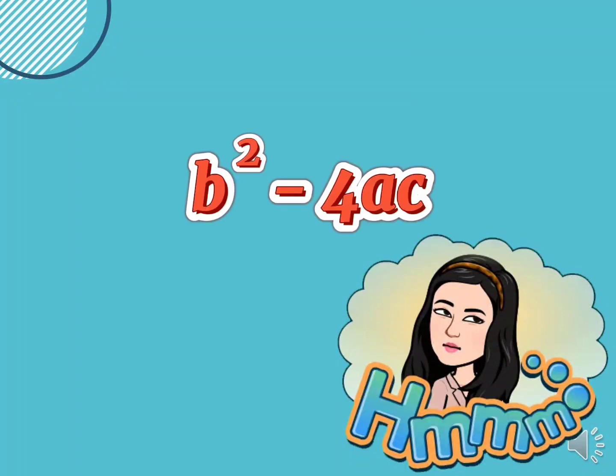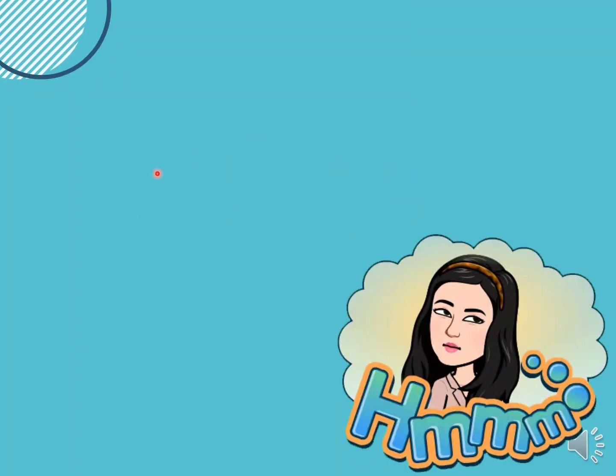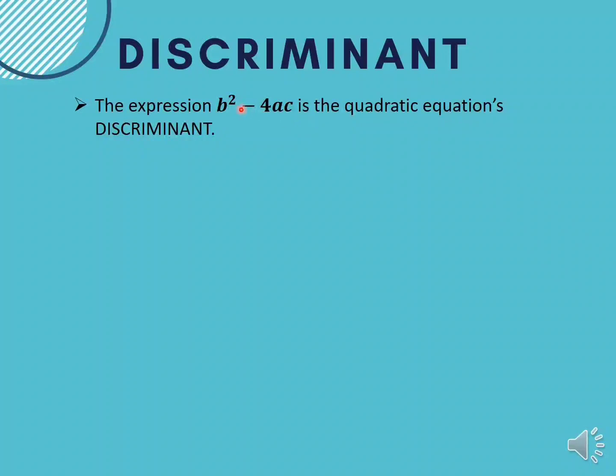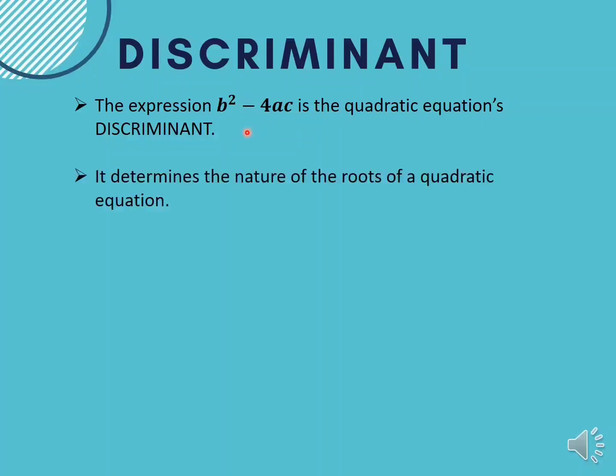So, maybe you are curious about the purpose of the value of b squared minus 4ac in our previous activity. So, class, that is what we call the discriminant. So, what is this discriminant? This expression b squared minus 4ac is the quadratic equation's discriminant, and it determines the nature of the roots of the quadratic equation.